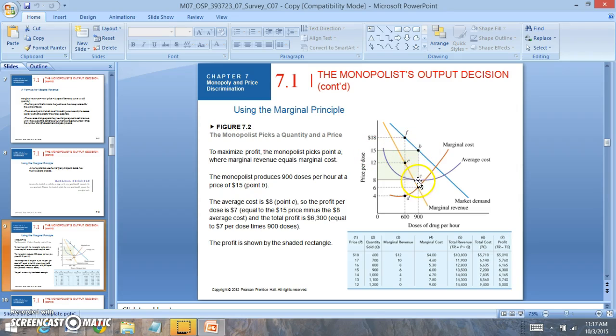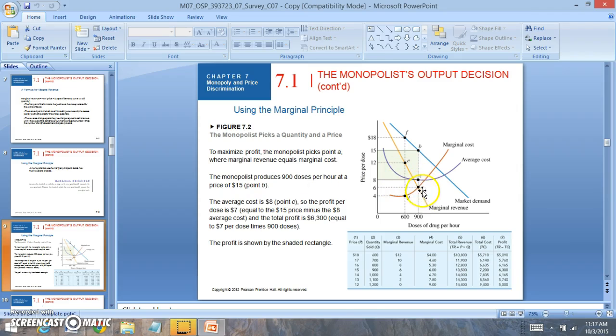Where it hits the average total cost curve is the cost to produce. So the price is $15 and the cost to produce is $8. That would be a $7 per unit profit, and if you multiply that by 900 units, you'll have about $5,600. That's how you find the profit.